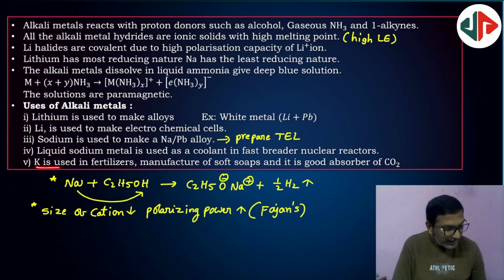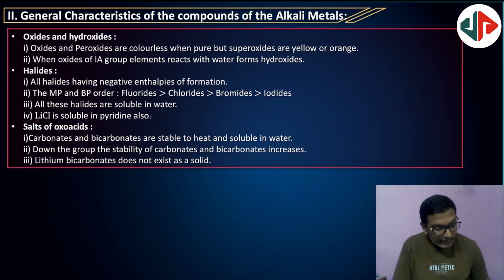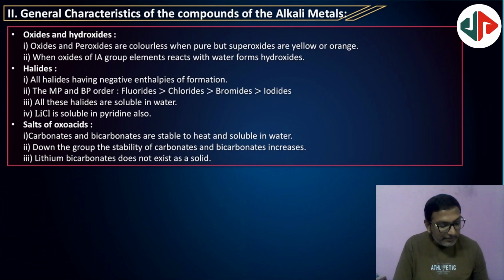Next, potassium is used in fertilizers, manufacture of soft soaps, and it is a good absorber of CO2. So, for absorbing CO2, potassium compounds can be used, KOH simply. Next, compounds of alkali metals, oxides and hydroxides.